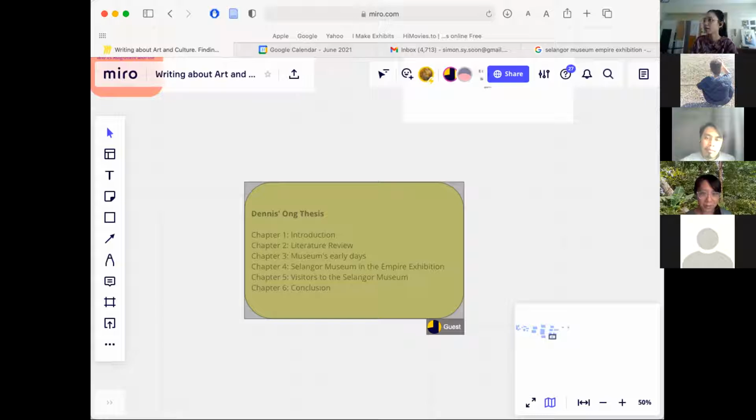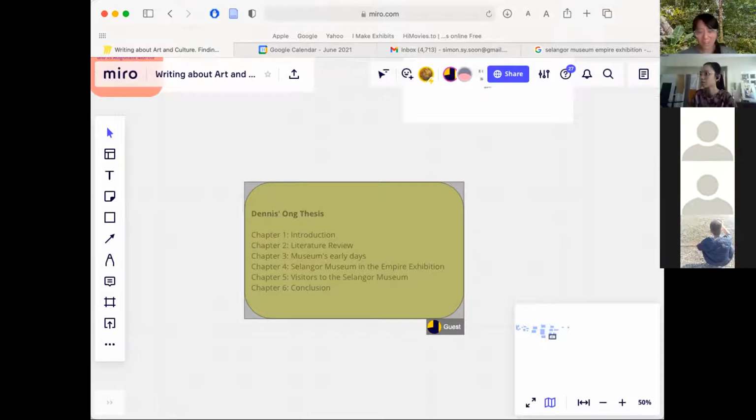I guess my question is more on when I saw the visitor to the Selangor Museum, I just wonder how would you access them? Because they are most likely dead right now, right? And whether it's through archival materials or something. That was my curiosity lah, because I was just wondering also to friends here, if some community is from before 1960 or something, they might be dead right now. So yeah, what's your approach for this one?